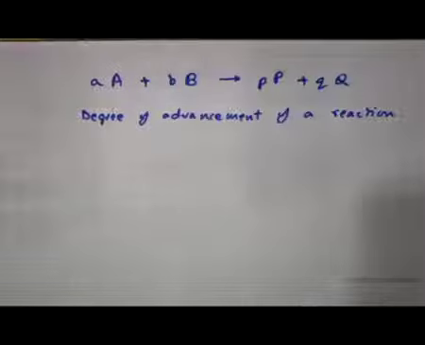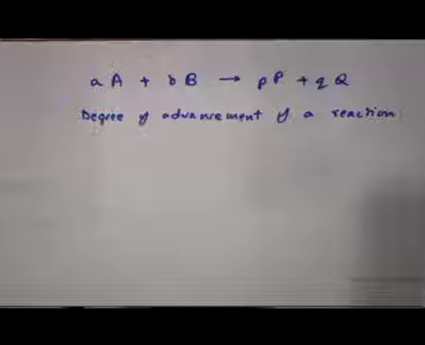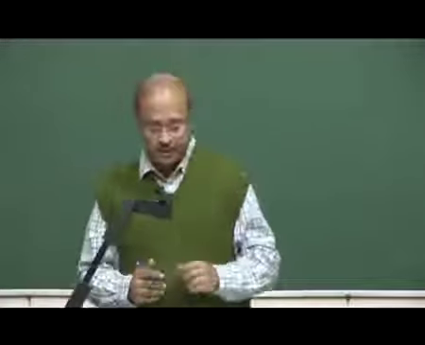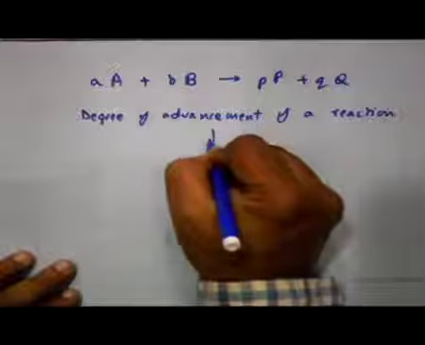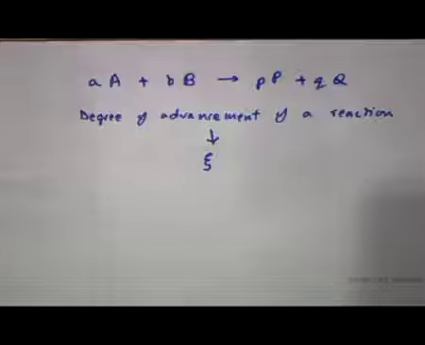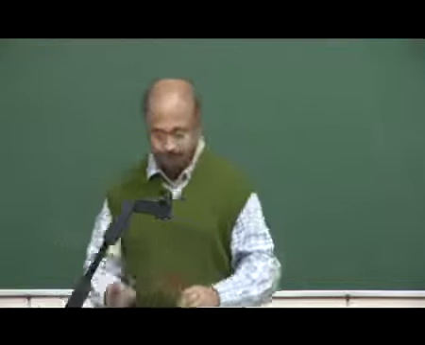It is very similar to something you have known from other topics in chemistry, the degree of dissociation. Here we say there is a degree of advancement, given by the symbol xi. This tells you by how much the reaction has progressed or advanced as a function of time.